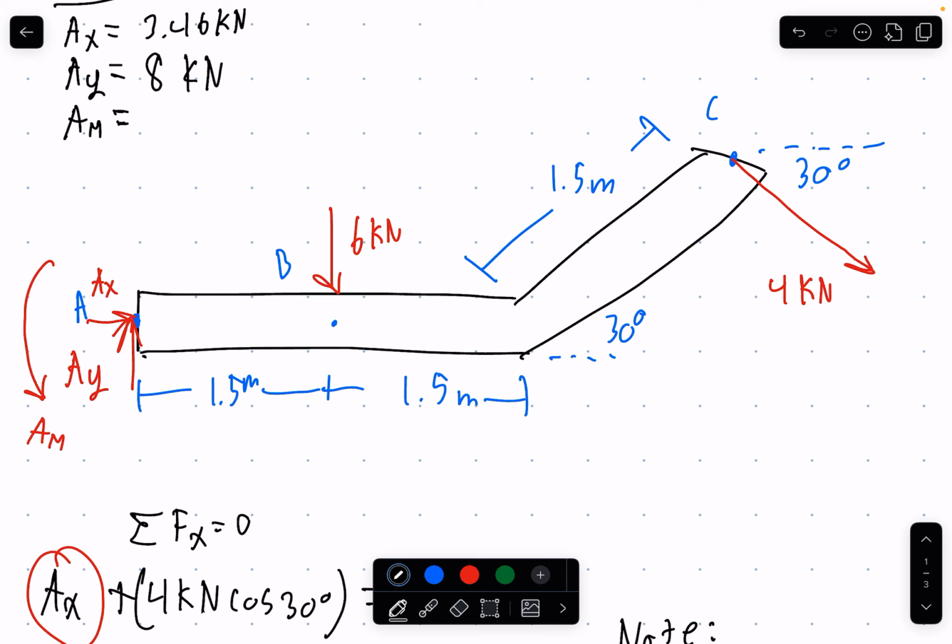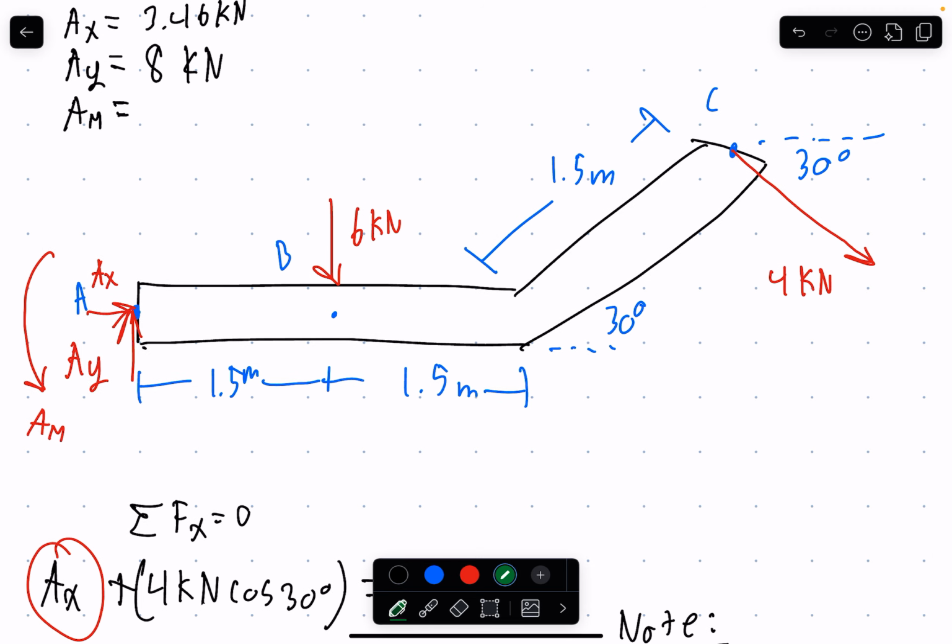Okay, so we have to break up the components of this force right here, which is relatively complex, because on top of it not being aligned with one of our coordinate systems, it's also not perpendicular or parallel to the point A. So I'm going to have to split these into components like this, because they both do cause a moment right here.